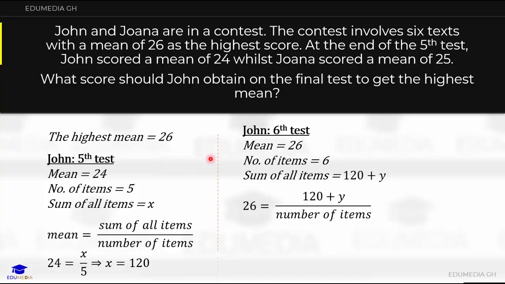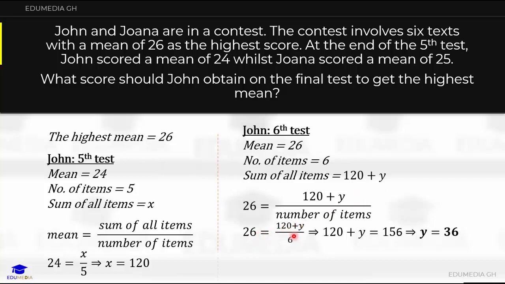26 is the mean that he needs to get. 120 plus y, that is the sum of all items, the sum of 5 items plus the 6th item, divided by the number of items. The number of items here is 6, so this is supposed to be 6. So when we put this in a formula, we have 26 equals 120 plus y divided by 6.